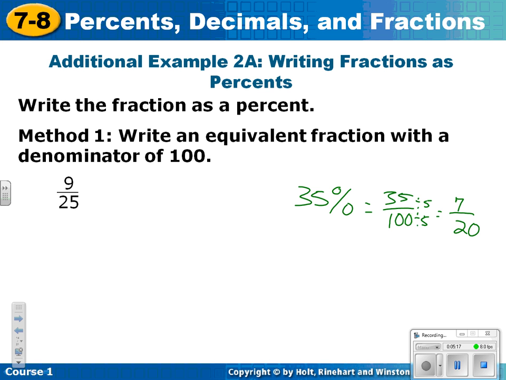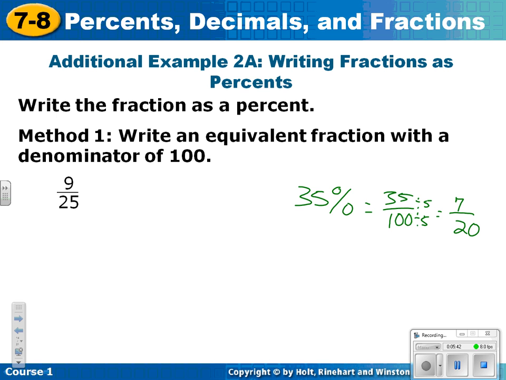Well, now we're going to go from the fraction to a percent. There's two ways to do this. Listen before you get too far. One way is going to work sometimes. The other way I'm going to show you works every single time.